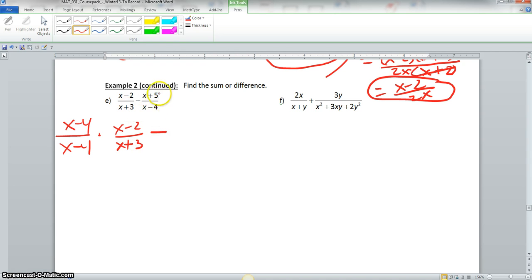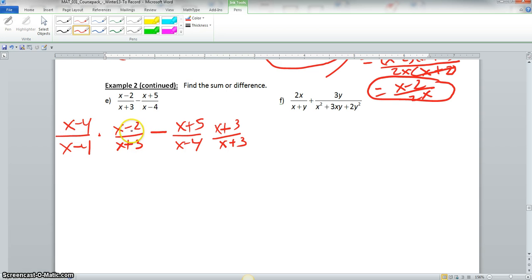Then we know we'll multiply this fraction here by x plus 3. So we have x plus 5 over x minus 4 times x plus 3 over x plus 3. Let's see, x minus 4, x plus 3, x plus 3. Okay, so now we multiply.